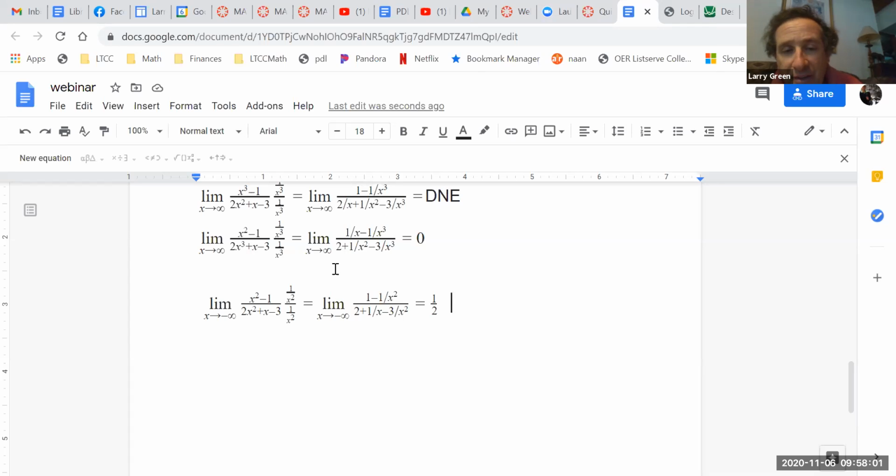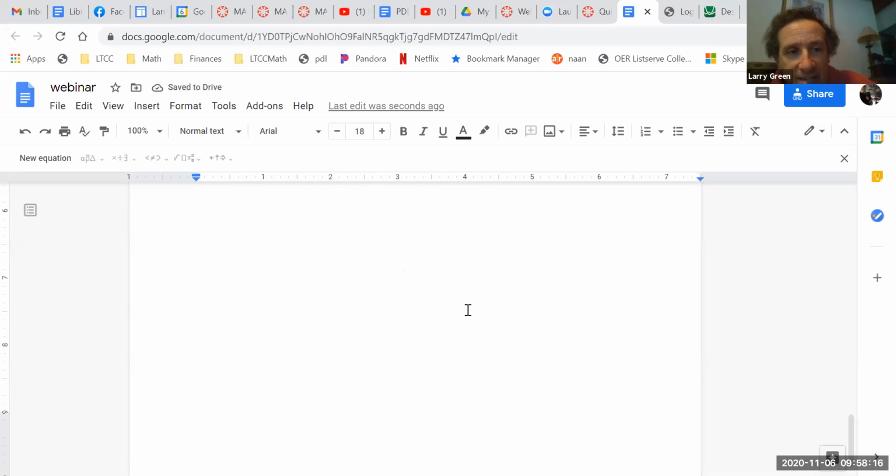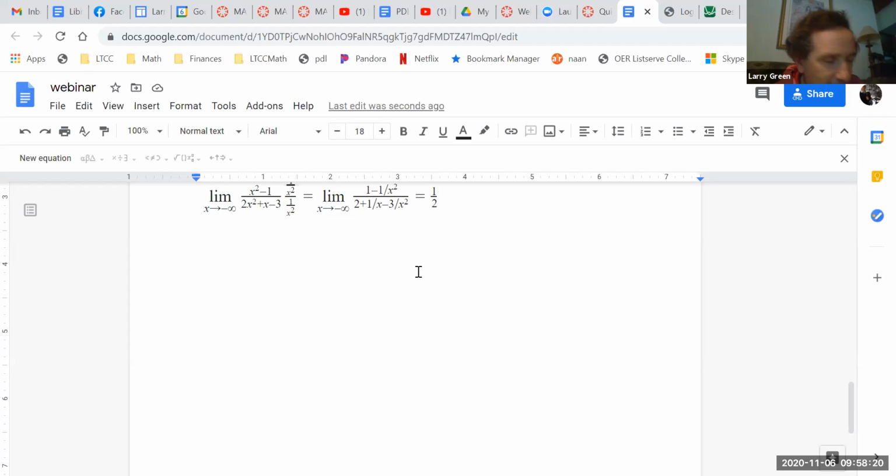Turns out if you have a rational expression, it makes no difference whether you're going to infinity or negative infinity, you always have symmetry. Got it? On the other hand, I want to do another example where everything changes and gets to be really messy, really weird. So let's do another example.